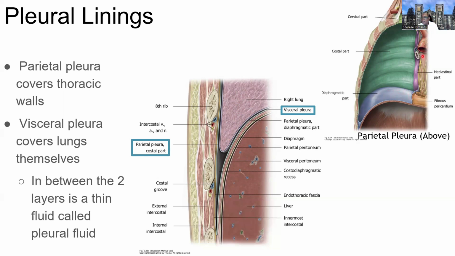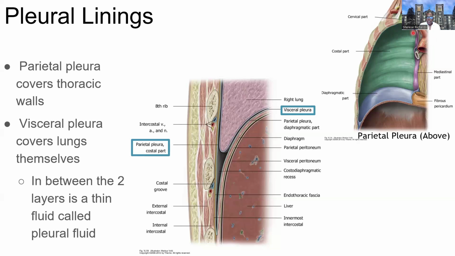And then we have the mediastinal pleura that is attached to the medial surface of the lungs, which is the middle mediastinum. The cervical part of the pleura is the 4th region. That is sometimes called the cupula. This is going to project up into the neck and help to cover the apical parts of the lung, right? The apex of the lung.